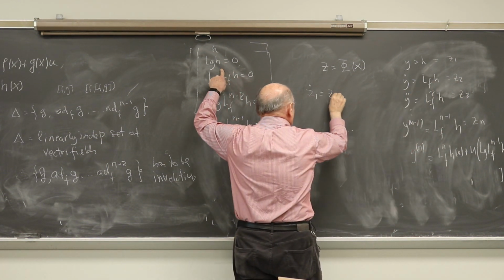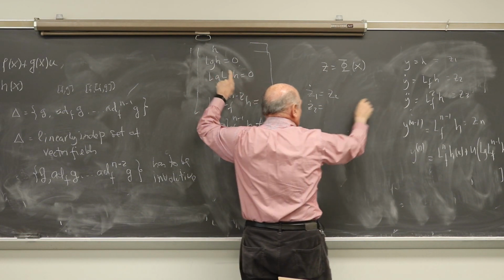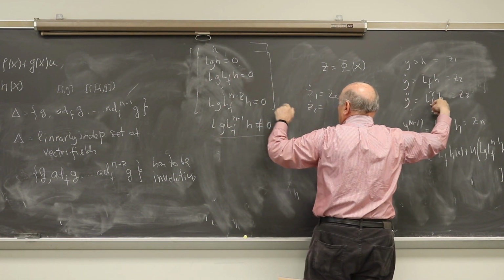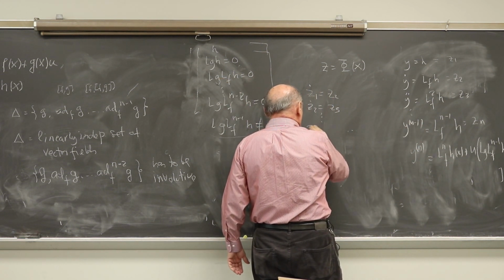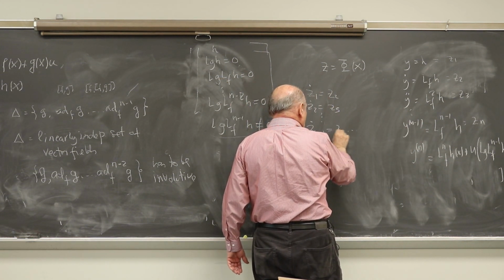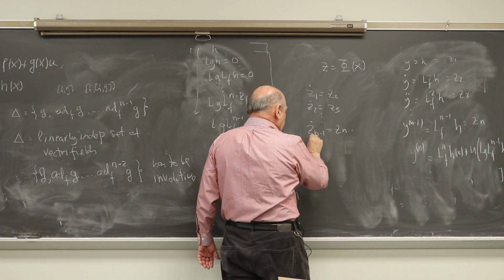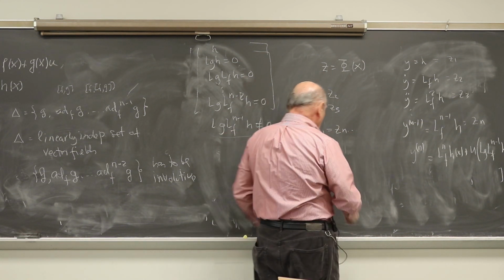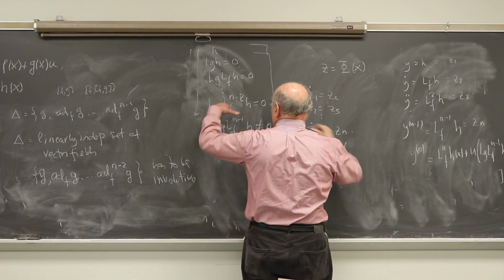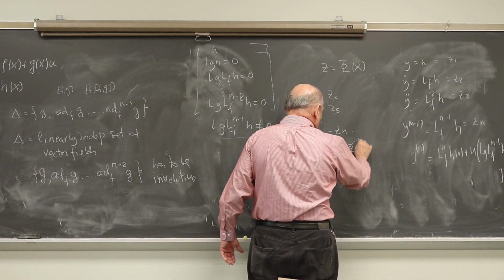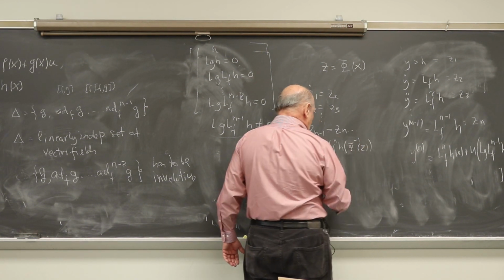Therefore, I will have C1 dot equals C2. C2 dot will be equal to this, because this is 0. So this will be C3, and Cn minus 1 dot will be Cn. And Cn dot will be just a function of x.